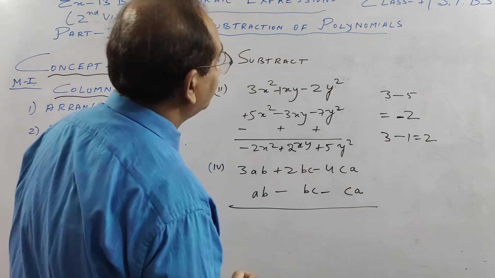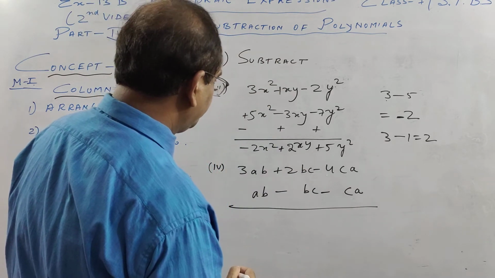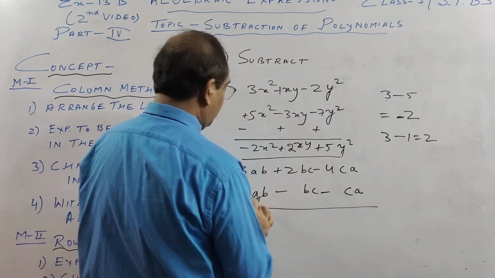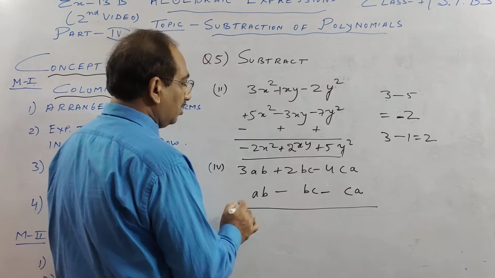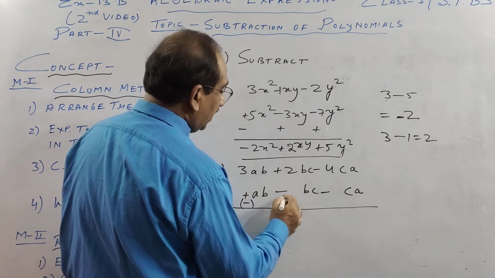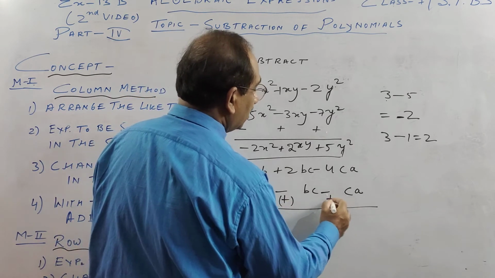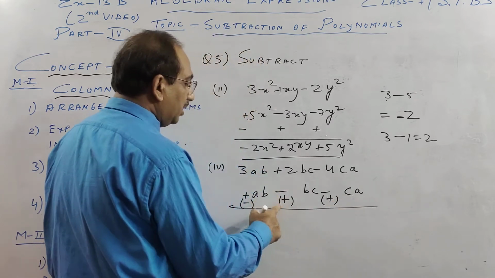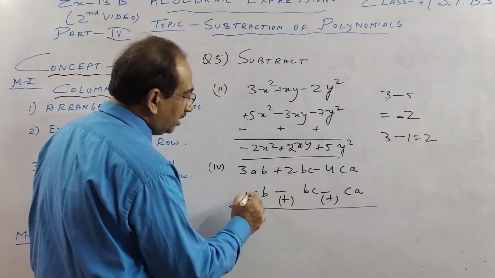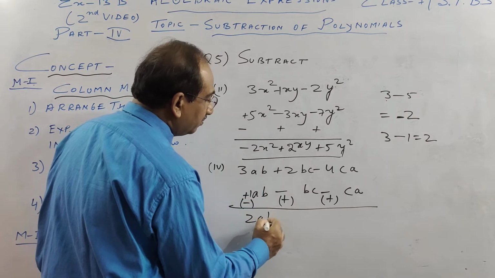Then we have the next question, which is 5 part 4. Change the sign, children. This is plus minus. You can write it like this to make it more prominent. Wherever minus is there, you make it plus. Wherever plus is there, you make it minus. So 3 minus 1 will get 2ab.